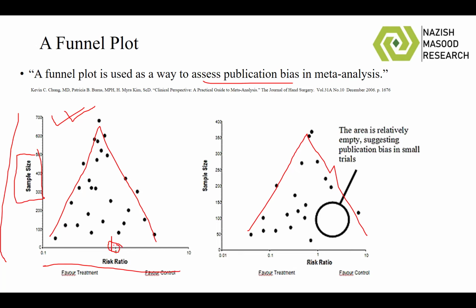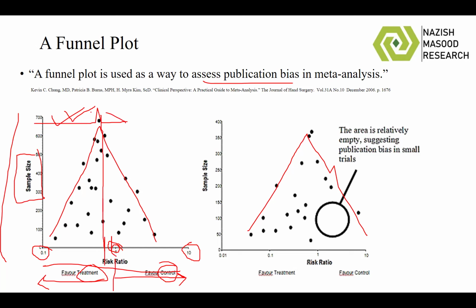And one means that there is no difference; anything beyond this favors the control, and anything below this favors the treatment. And as we see, as the sample size increases, most of the studies are near to the one. You can see that here.